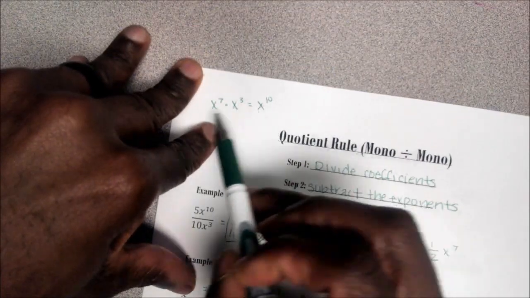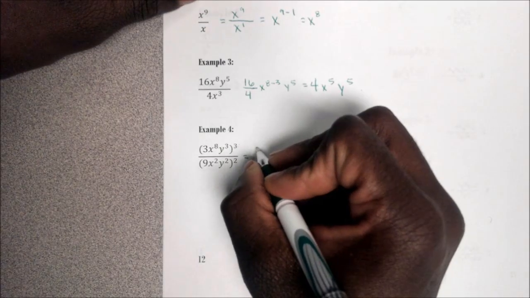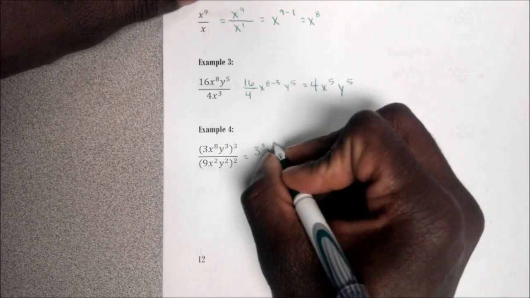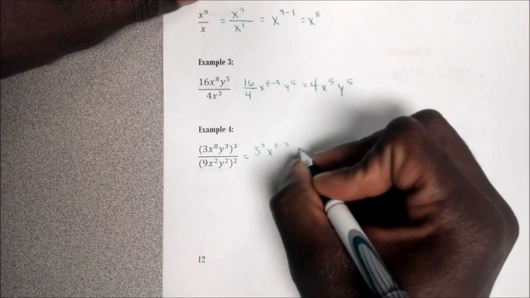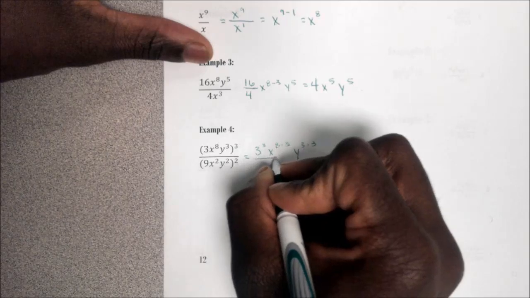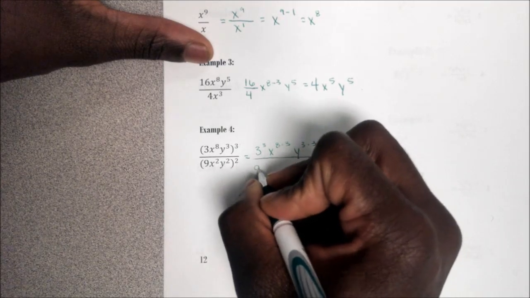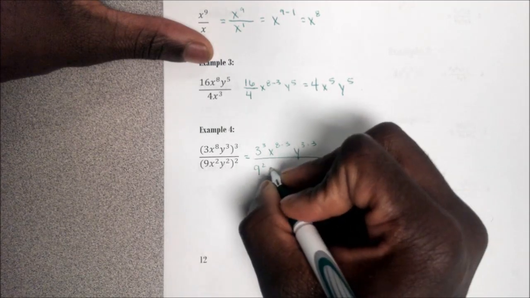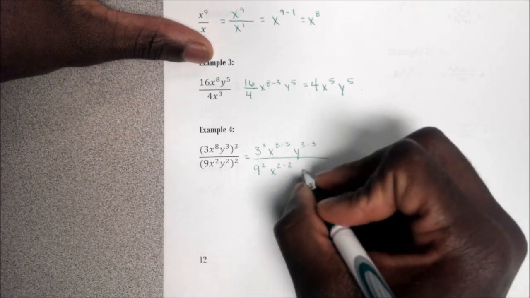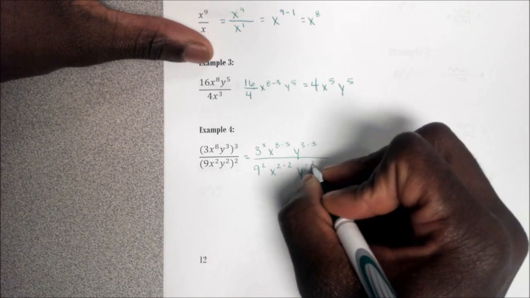Up here, you just added the exponents. So, at the top, we have 3 cubed, x to the 8th times 3, y cubed times 3, over 9 squared, x squared times 2, and y squared times 2.